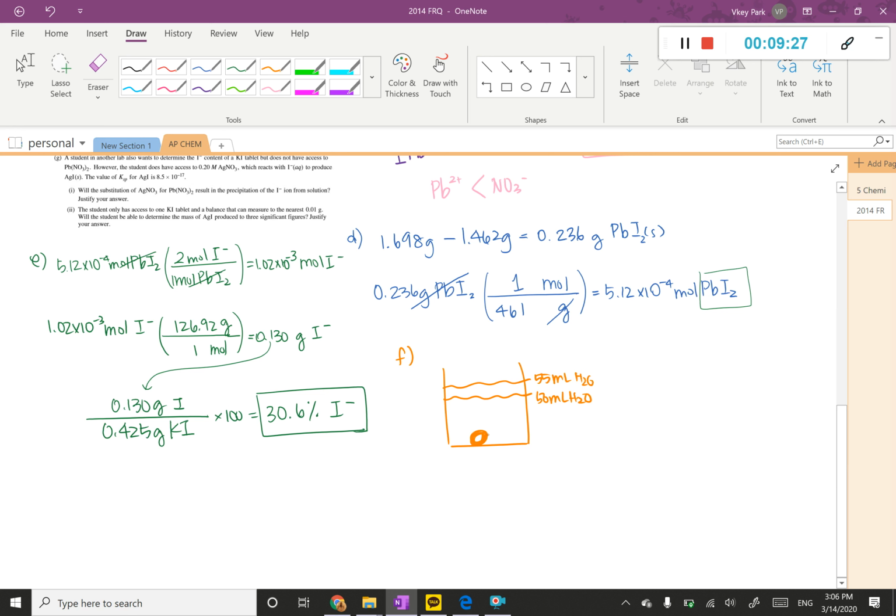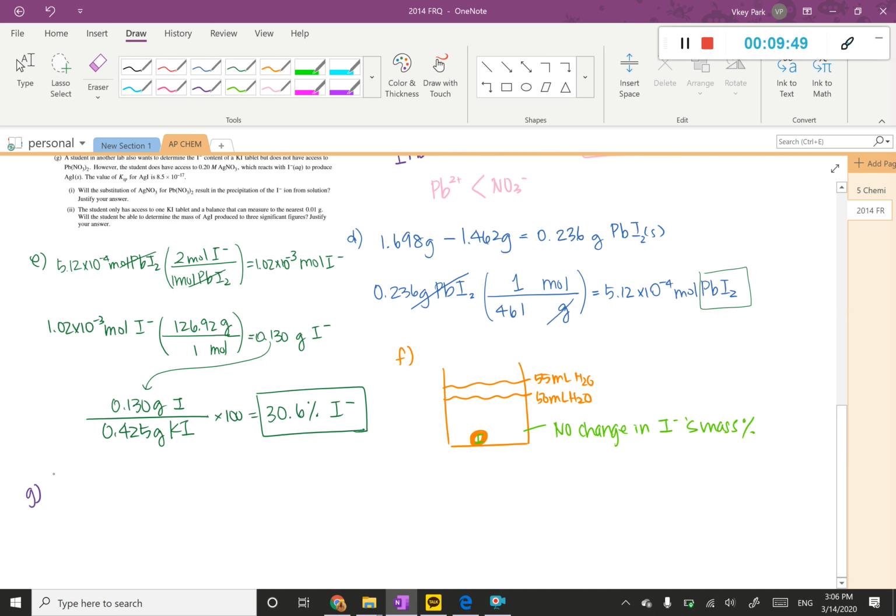Would the mass percent of iodine in that tablet change? No, it won't change. So there's no change in iodine's mass percentage. Okay, next one, G.